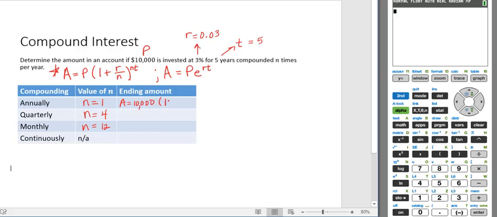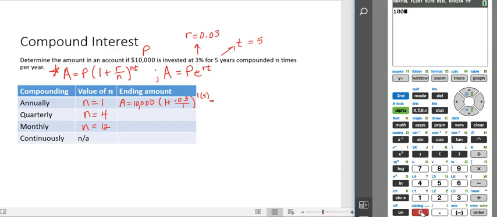times the quantity 1 plus r, which is 0.03, divided by 1, raised to the 1 times 5. So we can use our calculator to input 10,000 times, in parentheses, 1 plus 0.03 divided by 1 is just 0.03, close parentheses, raised to the 1 times 5, which is just 5.